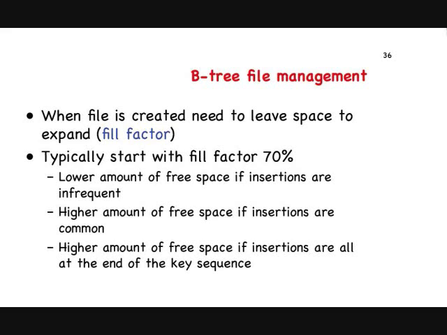If we know insertions are not going to be frequent, then we can afford to have less free space. Again, that will help our search because our data is occupying fewer pages.